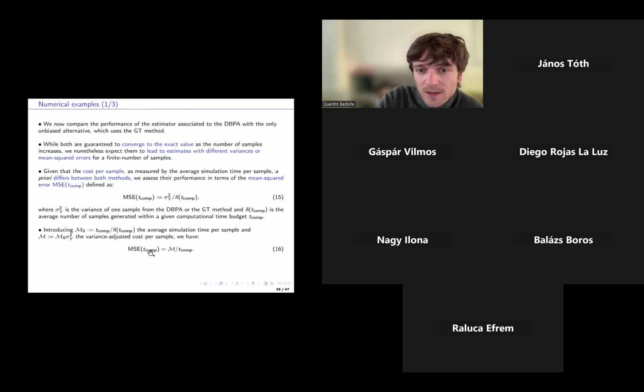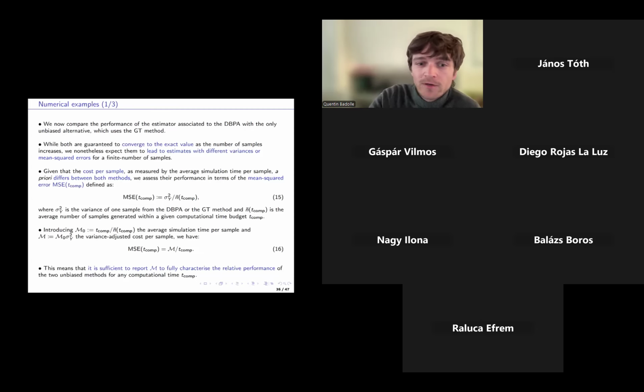And here you see that in the end, this expression for the MSE only depends on this quantity calligraphic M, which you need to estimate. And once you have it, it fully characterizes the relative performance of the two unbiased methods, namely the Girsanov transform method and the DBPA.